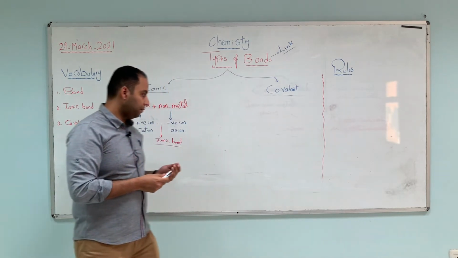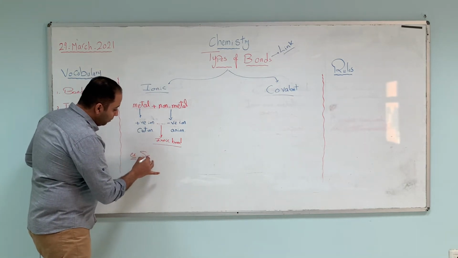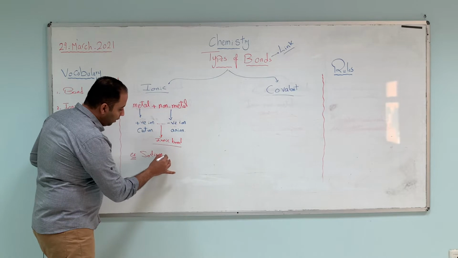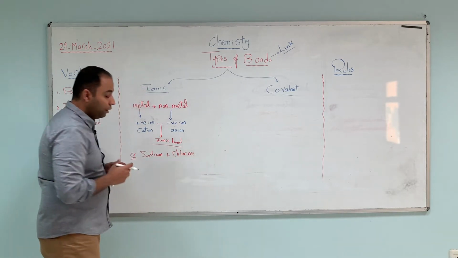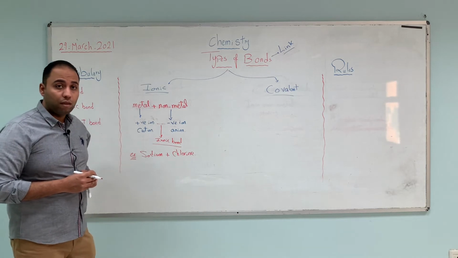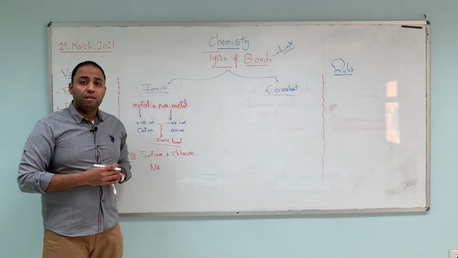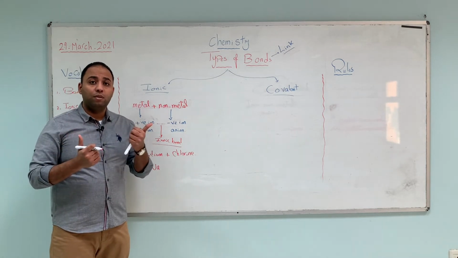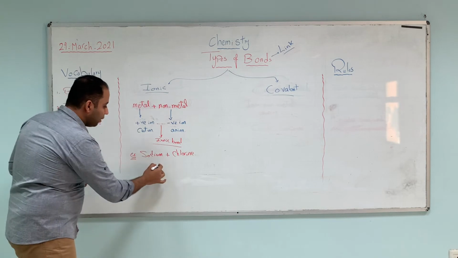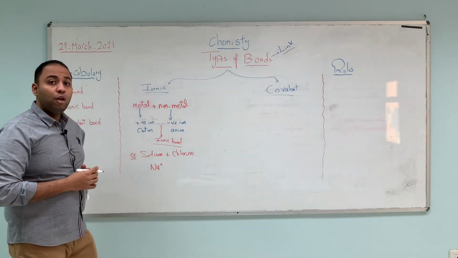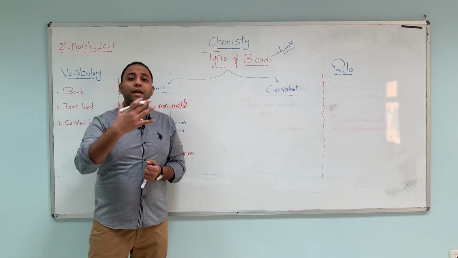Example, between sodium plus chlorine. Sodium is considered a metal, Na. The metal can lose electrons, so it forms a cation with a positive charge. Chlorine, a non-metal, how can it form the ion? By gaining an electron.